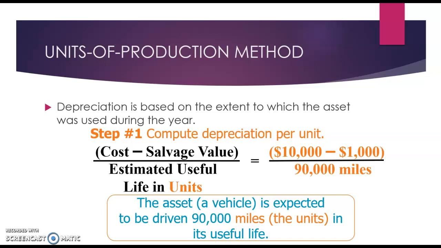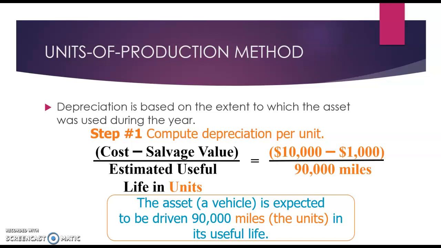So the units of production method is the method that is most closely aligned with the matching principle. The matching principle says that we want to match expenses to the revenues they help to create.